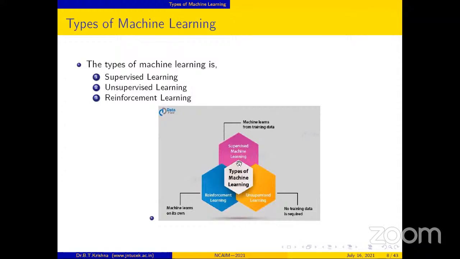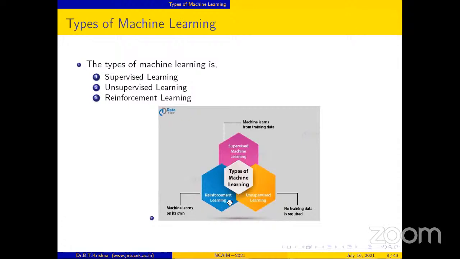Supervised machine learning means the machine learns from the training data, and it will do corrections by itself from the training data. In the case of unsupervised learning, basically we do not need any training data. Whereas in reinforcement learning, the machine is going to learn by itself. So the machine learns on its own.